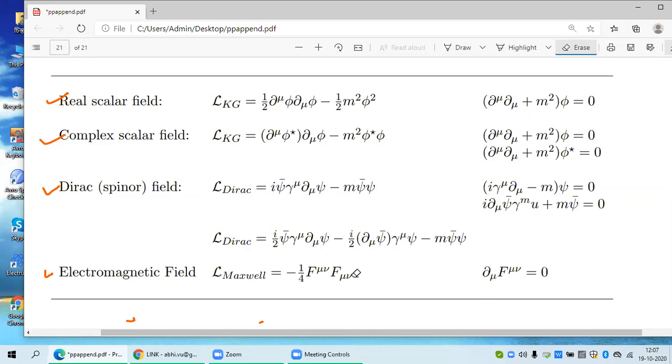We are discussing this in the course of particle physics because we want to know how free quarks and leptons are described. Remember, this is an intermediate stage where we are stationed right now.